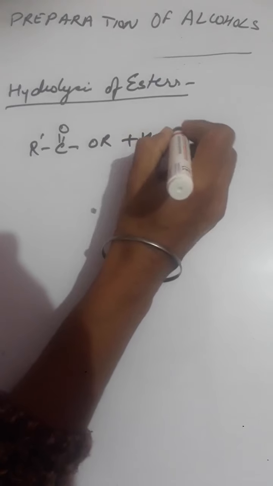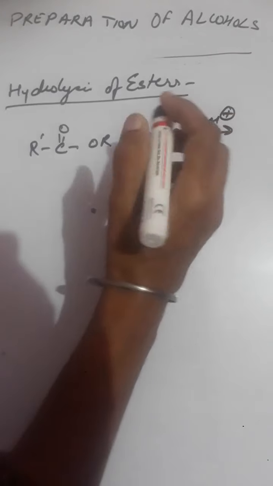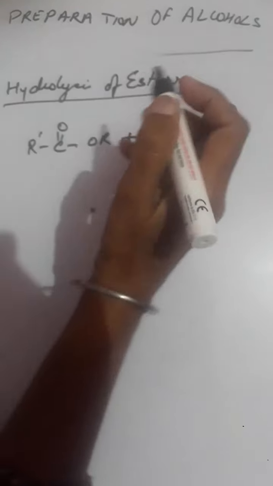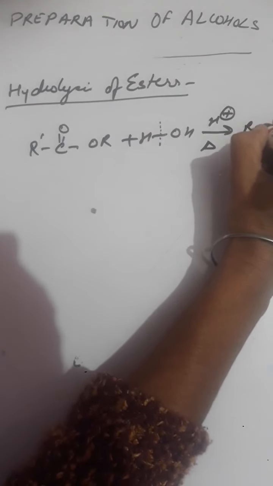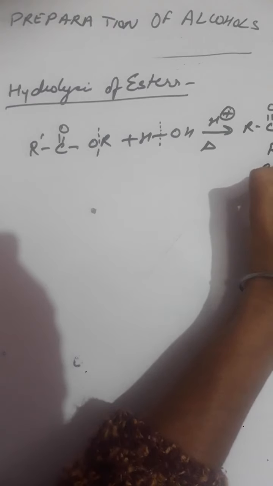When hydrolyzed in the presence of acid, this water molecule will break from here and we get RC double bond O OH plus ROH. This is your alcohol.